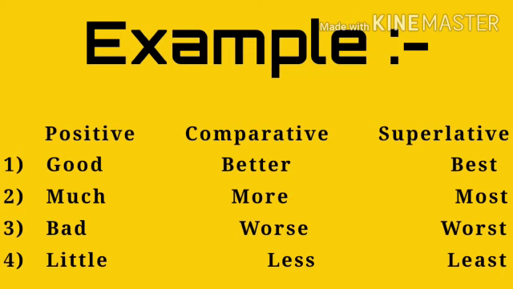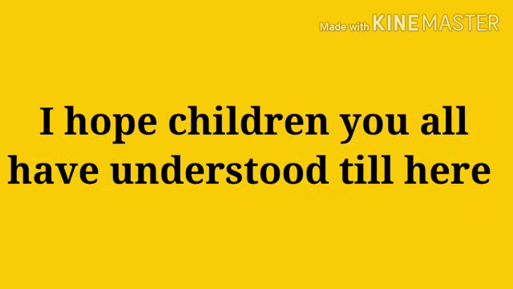So these are some irregular adjectives. Here we are not using any other form. We are just changing it, like good is changed into better and then better is changed into best. I hope children you all have understood till here.